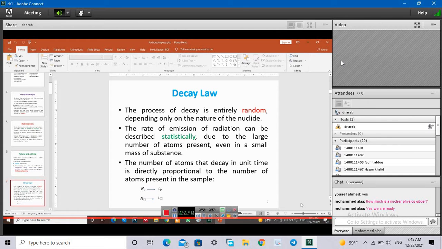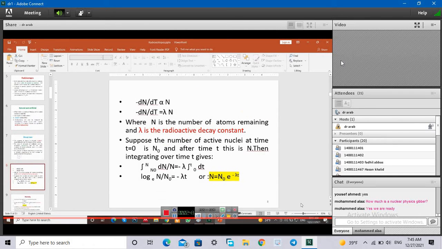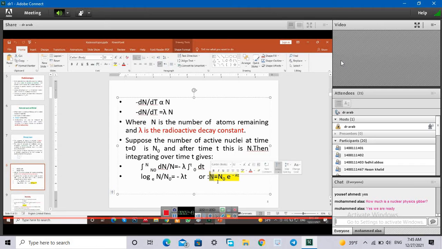The number of radioactive nuclei at each time is shown with capital N, equal to the number of radioactive nuclei at time 0 multiplied by exponential of minus lambda t.